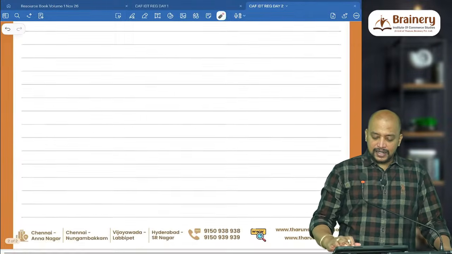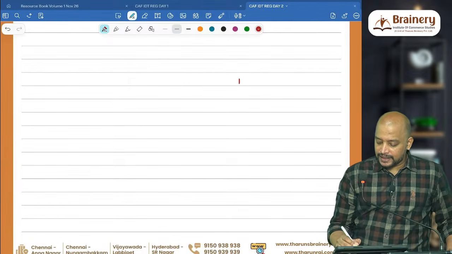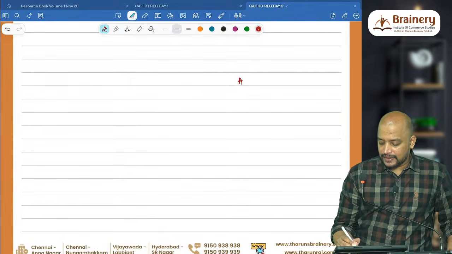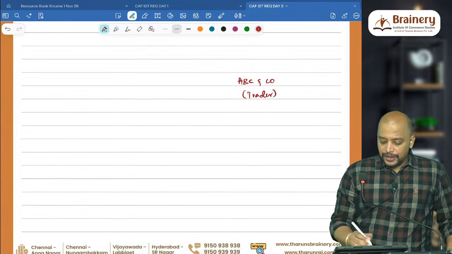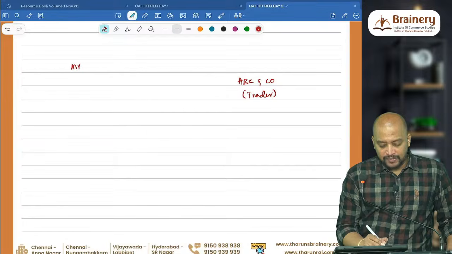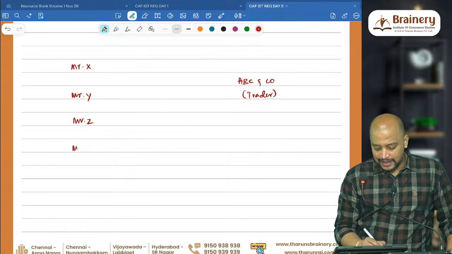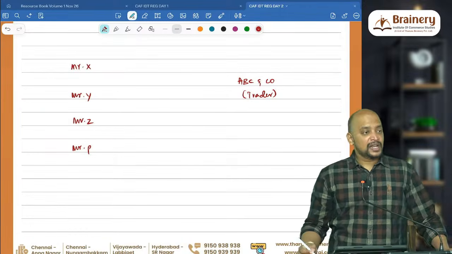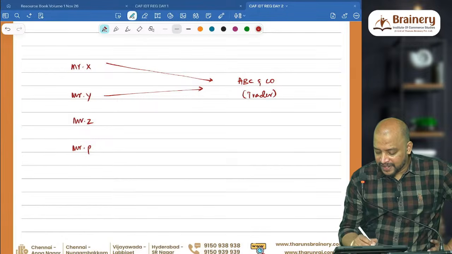Say you are one trader, ABC and Co. You are making purchases from 4 suppliers: Mr. X, Mr. Y, Mr. Z and Mr. P. And whenever you make the purchases, they will be giving an invoice to you.